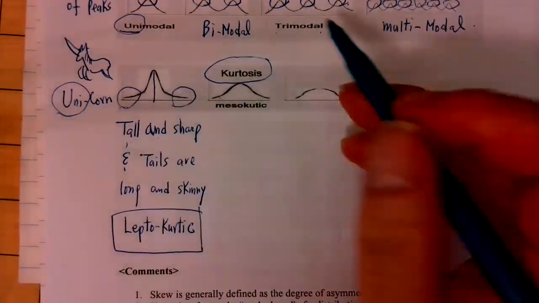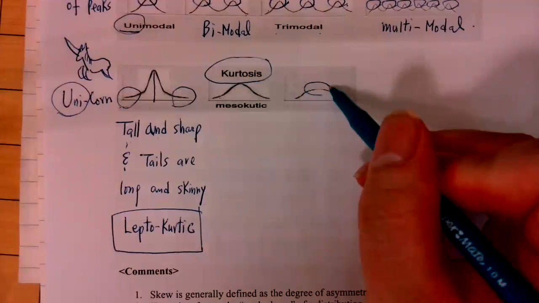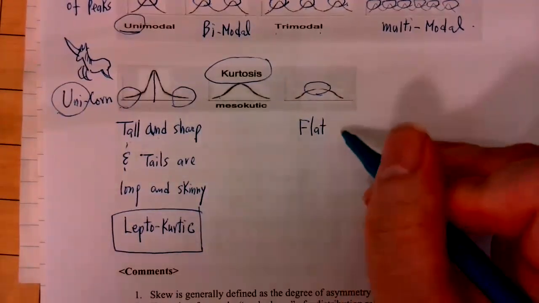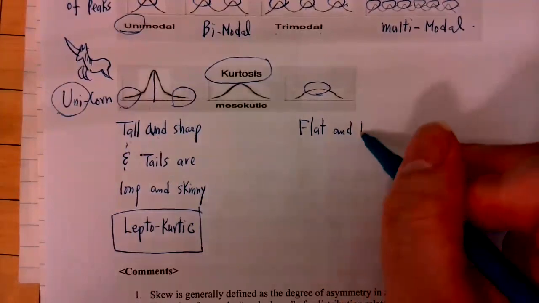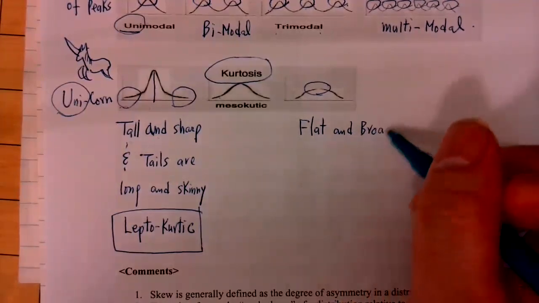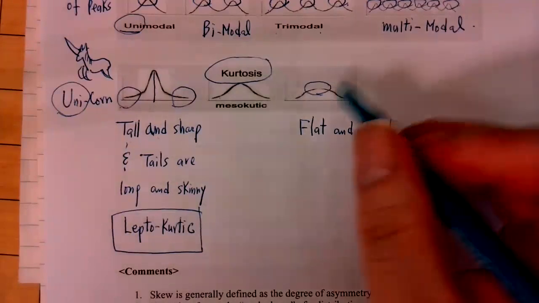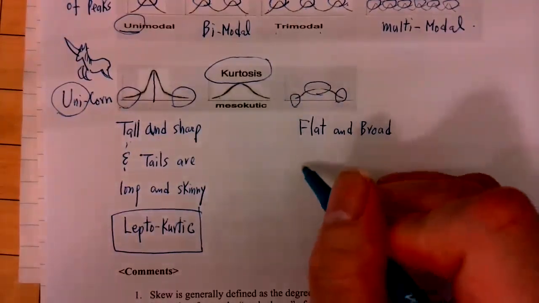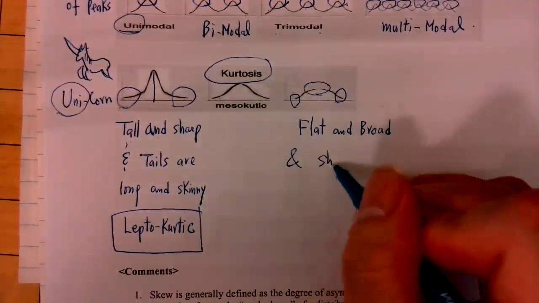Compared to this one, the middle here is flat and broad. And how about the tail? Short tail.